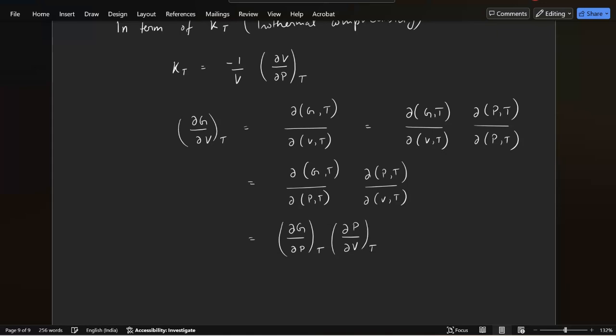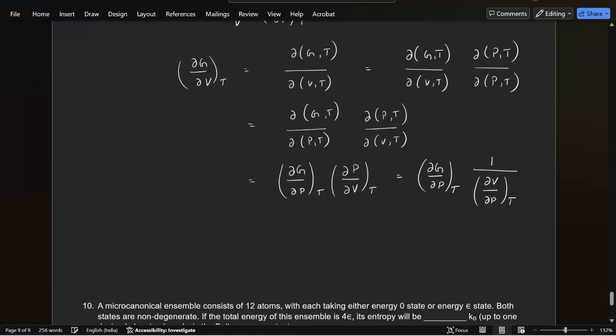We can further write it like this: del G by del P at constant temperature, times 1 by del V by del P at constant temperature. So now if you see the Gibbs free energy equation, this value, del G by del P, from the Legendre transformation of the Gibbs free energy equation, is nothing but volume.